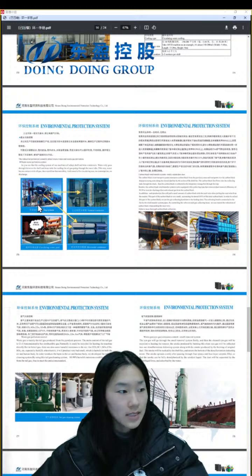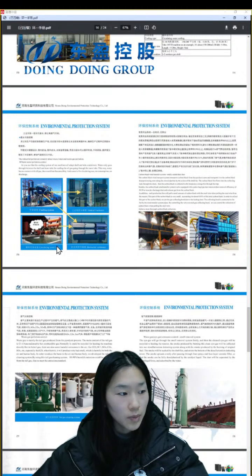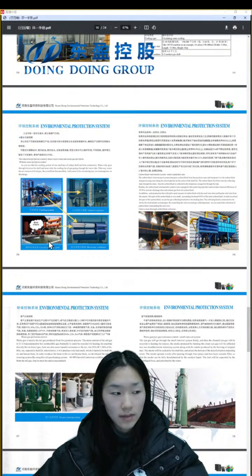You can see these pictures. This is a circulating water pool. We need to add chemicals to this water pool.